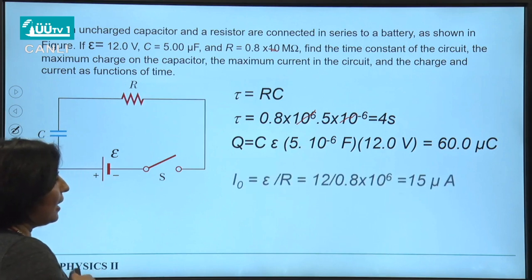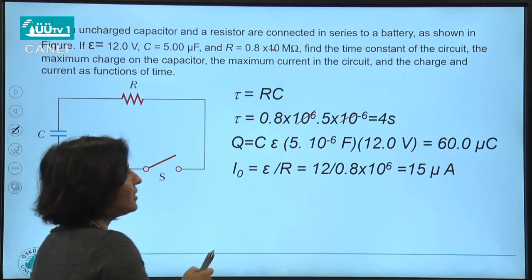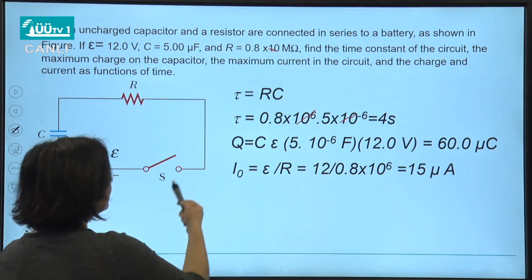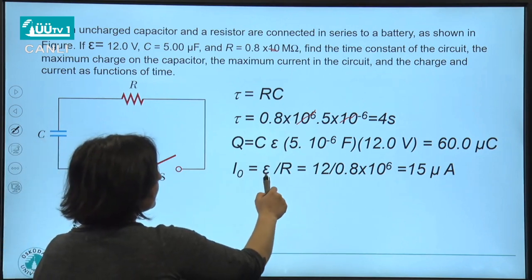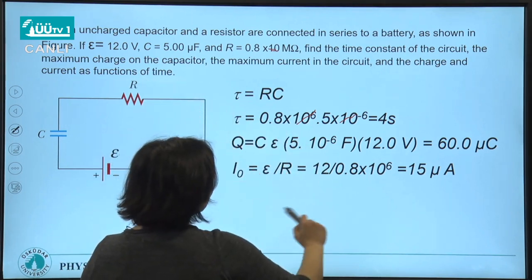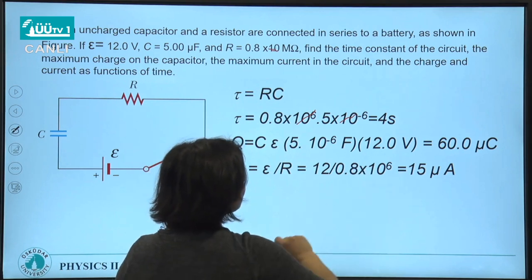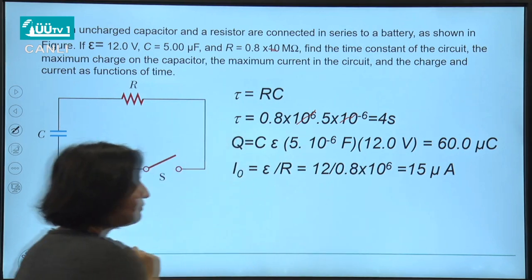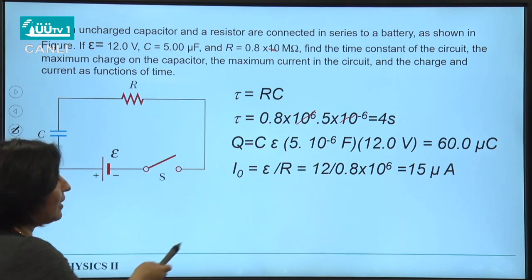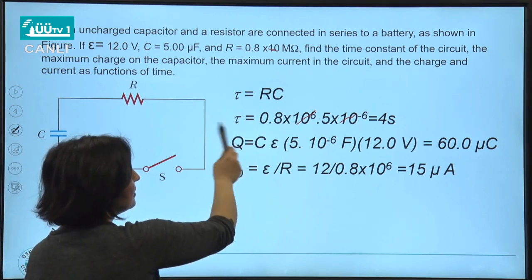And the initial current: initially, as you remember, there is no potential difference across the capacitor, so we can write the current directly as epsilon over R. The epsilon is 12 volts over R, which is 0.8 times 10 to the power 6, and when you calculate it, you will find 15 microamperes. Okay, we have maximum current, maximum charge, and RC.